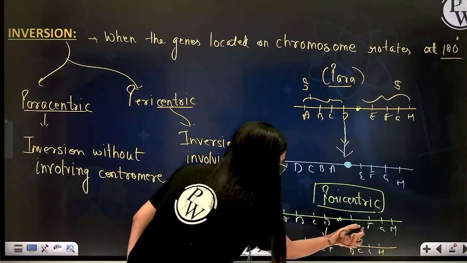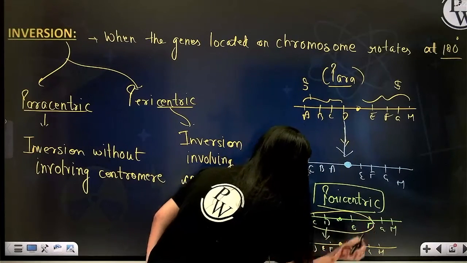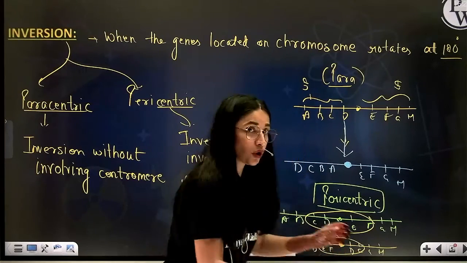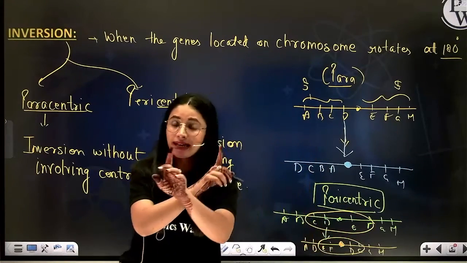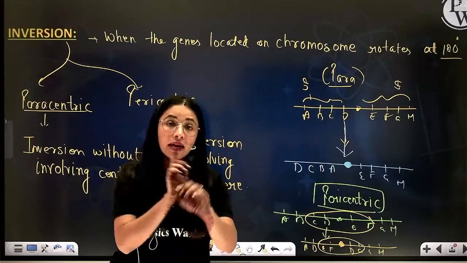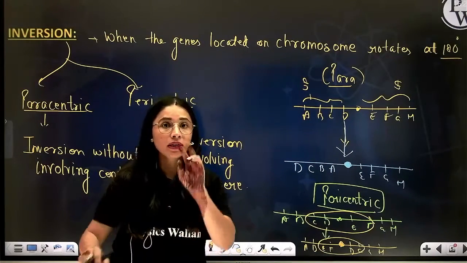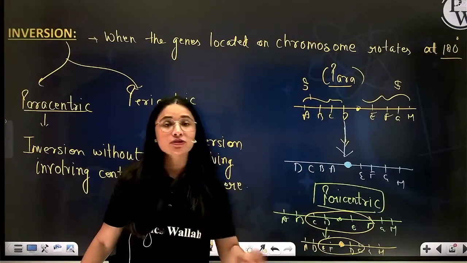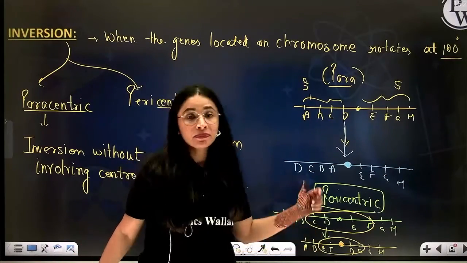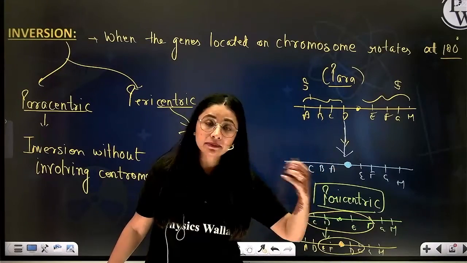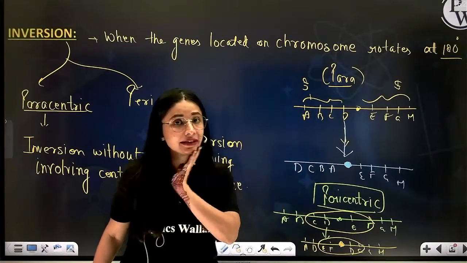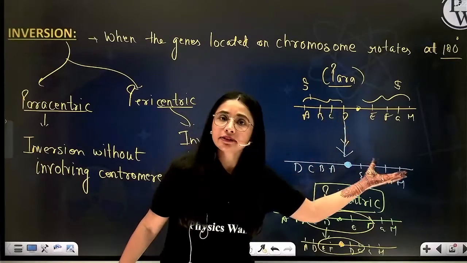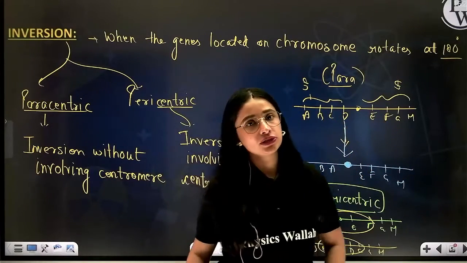Now see, initially the arrangement was C, D, E, F. Now the arrangement has become E, F, D, C. So the arrangement of genes has rotated at 180 degrees involving the centromere. Rotation is occurring around the centromere. So that is known as pericentric. If rotation is taking place but not involving the centromere, then that is known as paracentric type of inversion.